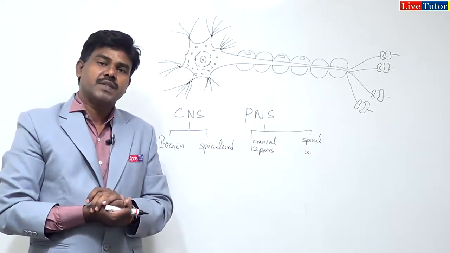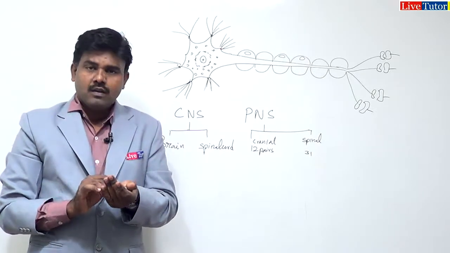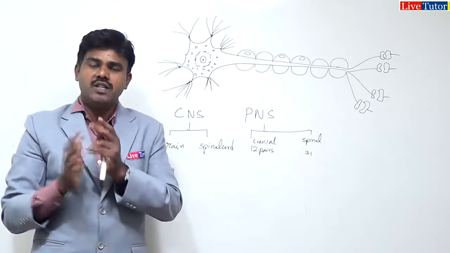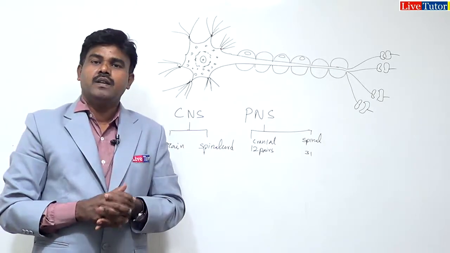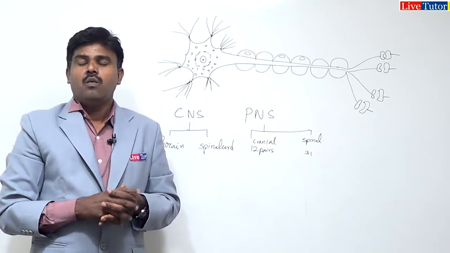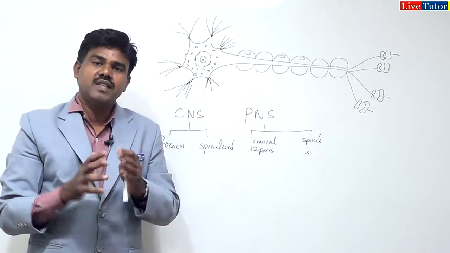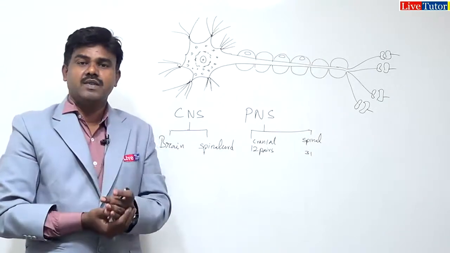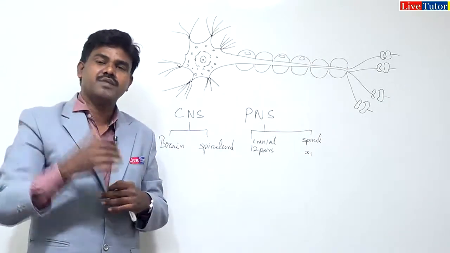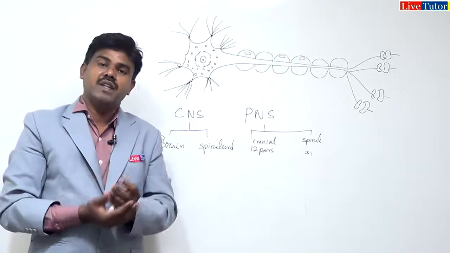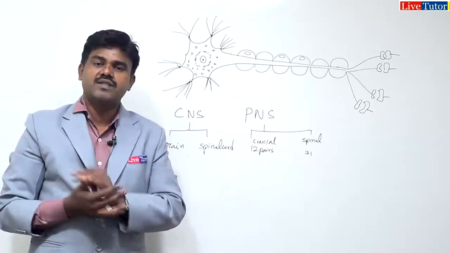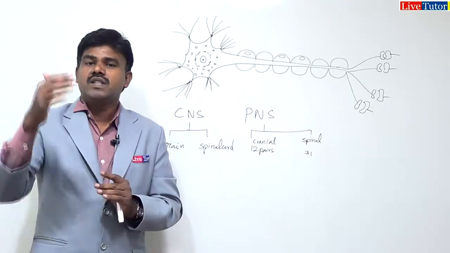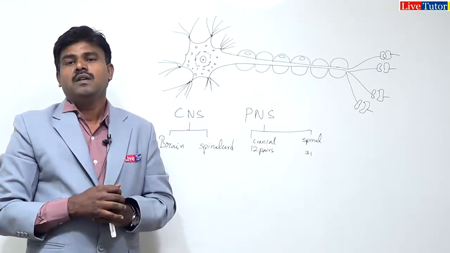One special feature of neurons: suppose a 20-year-old person meets with an accident. Which cells can be replaced and which cannot? They will give options such as osteoblasts, bone cells, liver cells, and then the neuron.